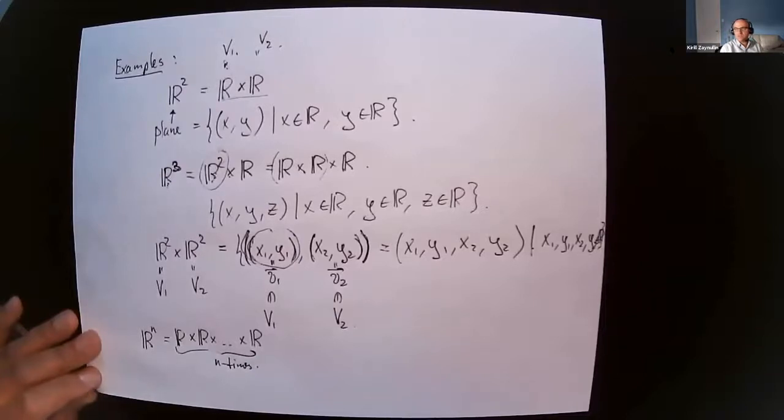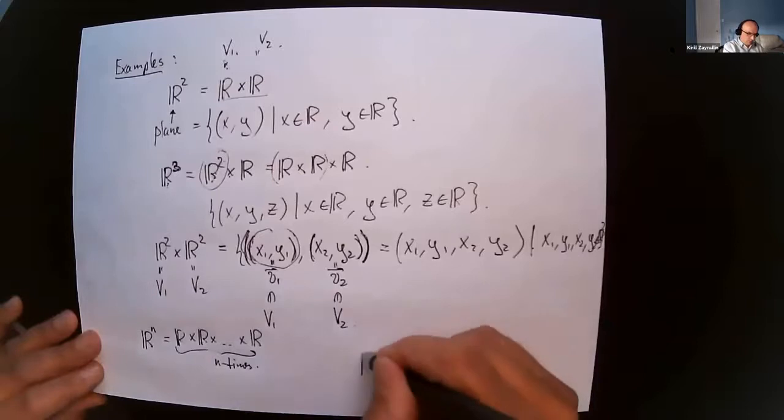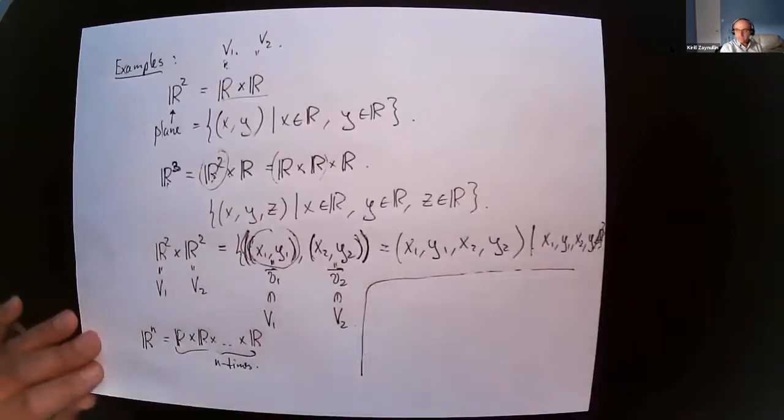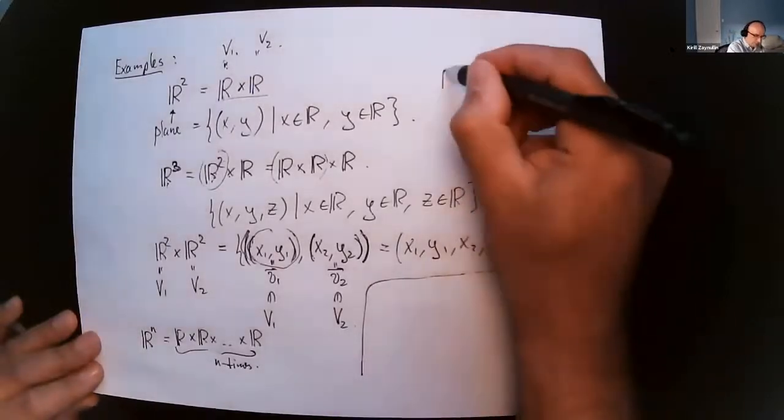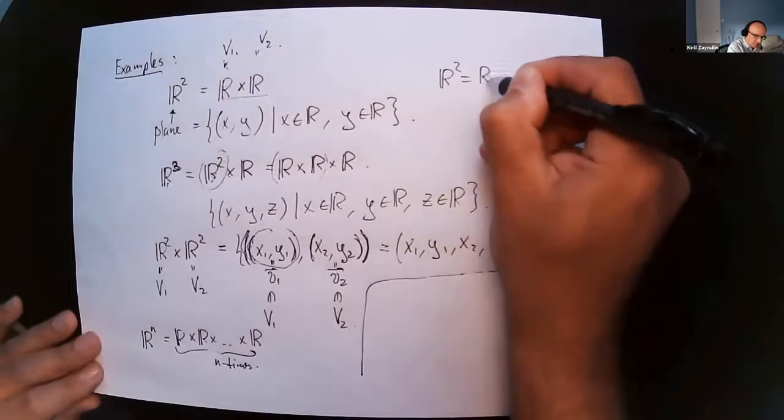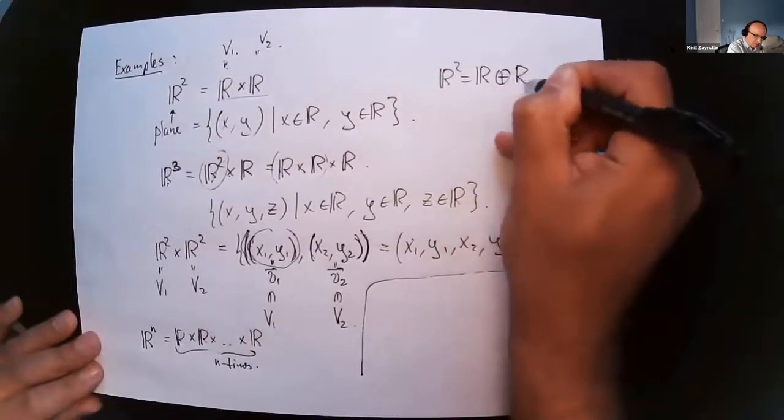Standard in the sense that, as we did before, it's a coordinate-wise addition and coordinate-wise scalar multiplication. And from the previous fact that we have justified, this is the same as also the direct sum of R and R.